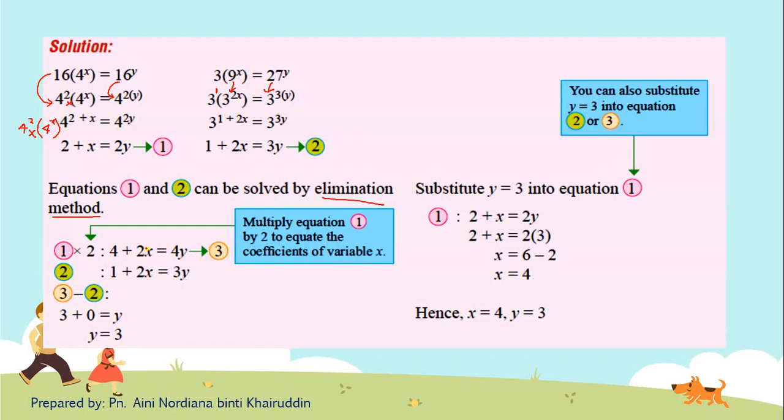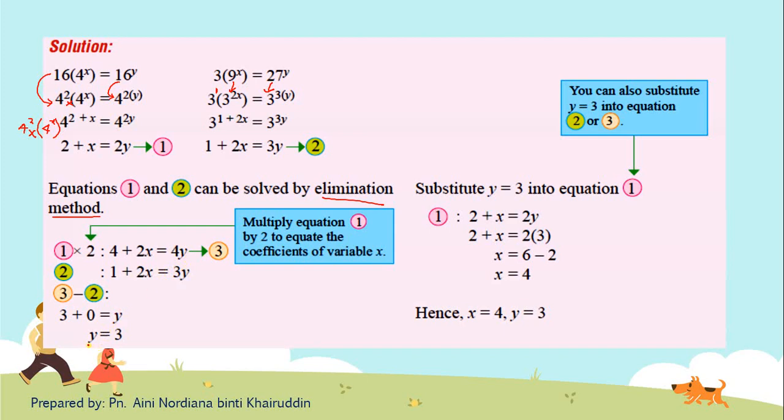So here we want to eliminate x. So we subtract these two equations. So 3 minus 2. So this is equation 3. This is equation 2. So 4 minus 1 is 3. 2x minus 2x is 0. 4y minus 3y is equal to y.